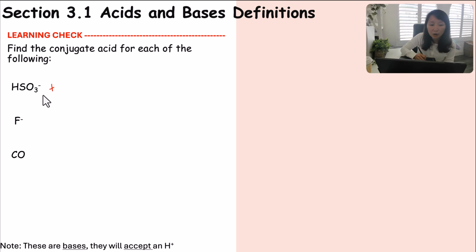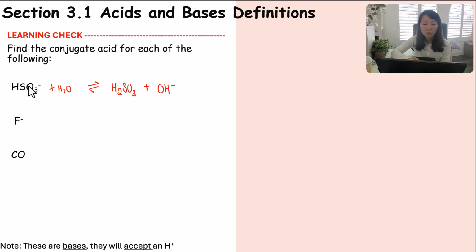We're going to assume that because it is a base, it's in water, H2O. If it reacts as a base, then it's going to accept the hydrogen from that water. So if it accepts it, now it's H2SO3 plus OH minus. Now don't worry about the charge for a moment.